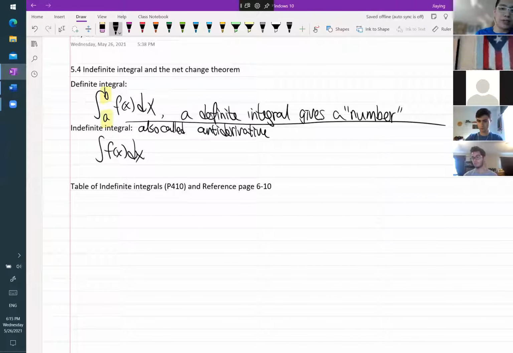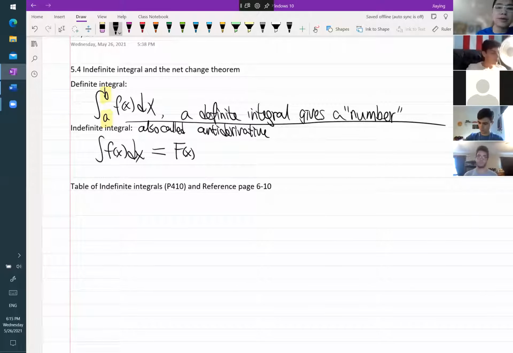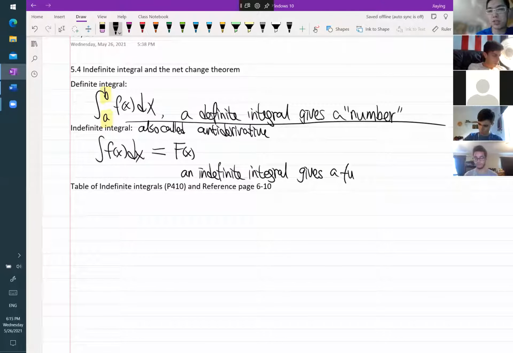If we evaluate this, we should get a function, right? It's not a number, we should get a function. And I'm going to use capital F of x to show that's a function. The indefinite integral is a function.